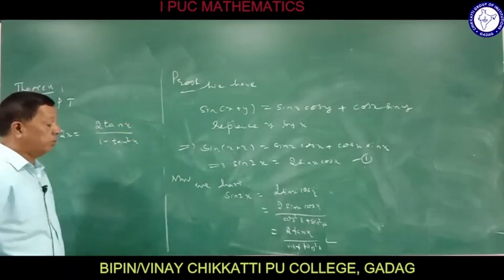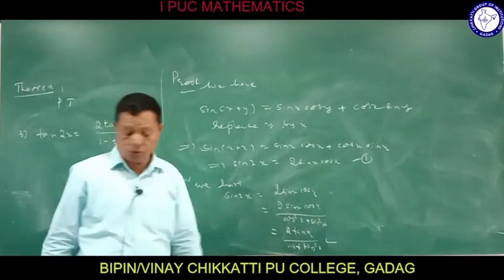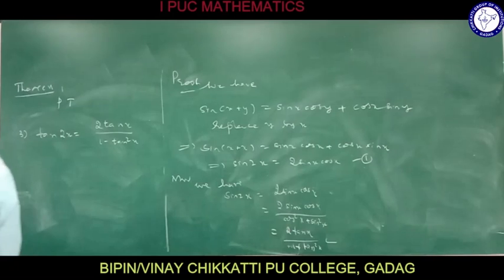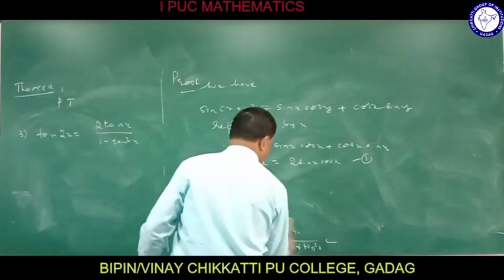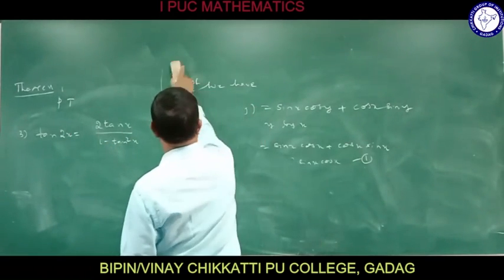Here, with sin 2x we had 1 plus tan square x, but here we get 1 minus tan square x, and there is only one formula that can be proved here: 2 tan x divided by 1 minus tan square x.